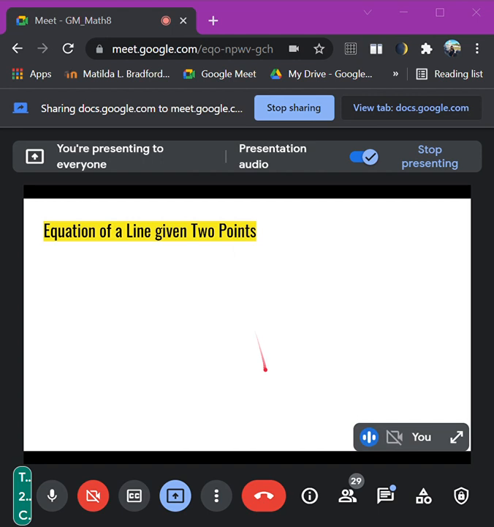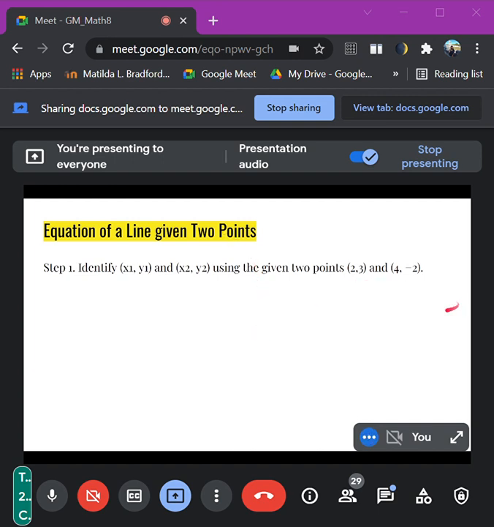So, for step 1, class, we're going to identify your x sub 1 and y sub 1, your x sub 2 and y sub 2 using the given 2 points, which are (2, 3) and (4, negative 2). For here, class, you can use your first given as your x sub 1 and y sub 1, and then you can use your second given as your x sub 2 and y sub 2.